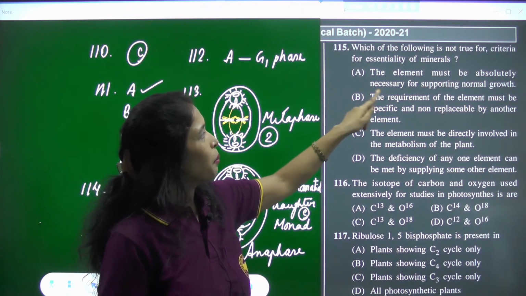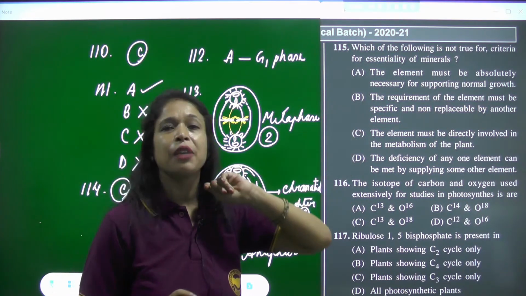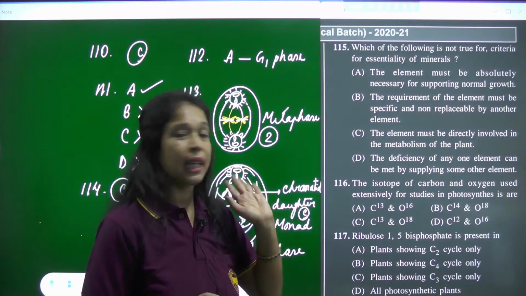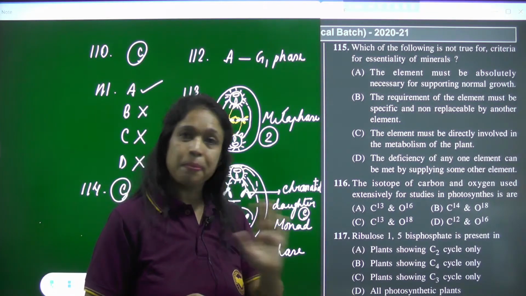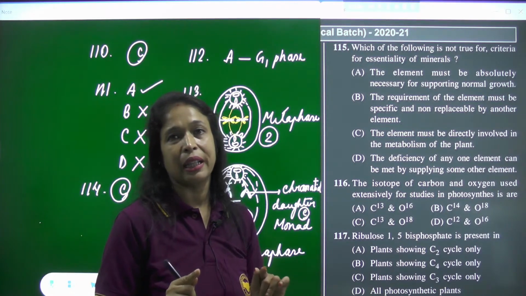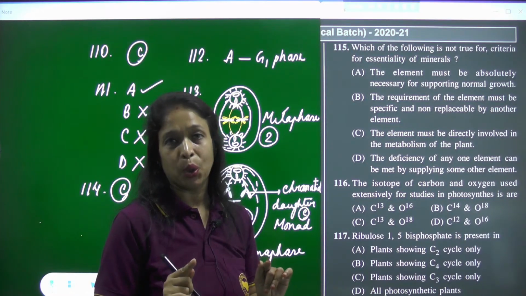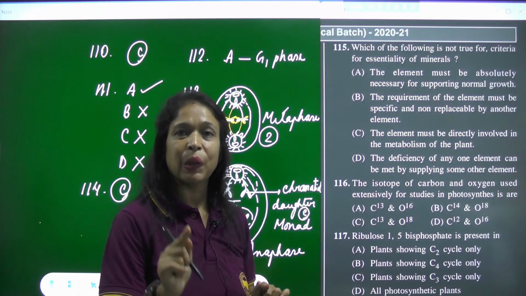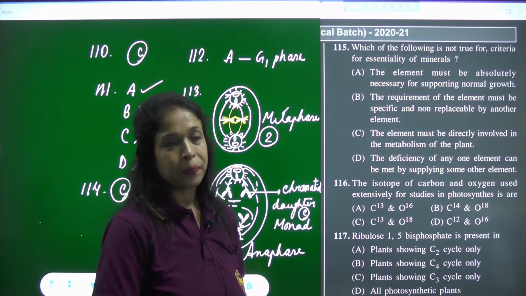Number one, the element must be absolutely necessary for supporting normal growth. Yes. It means that in the absence of this element, the plant cannot complete its life cycle. It cannot show normal growth. So this is one of the criteria of essentiality.